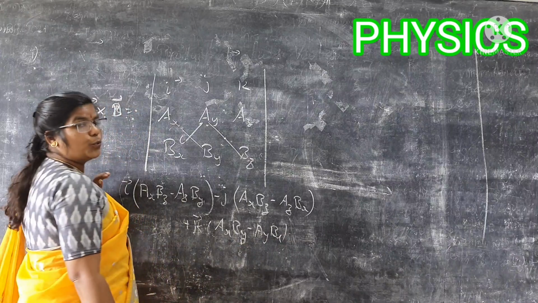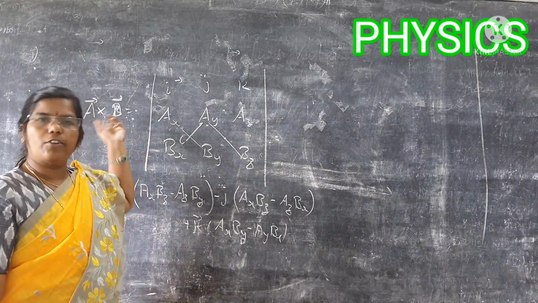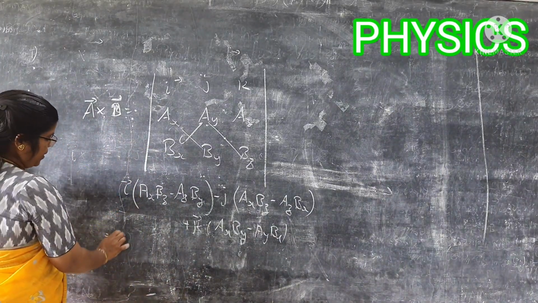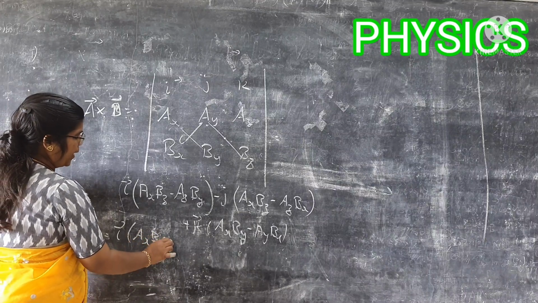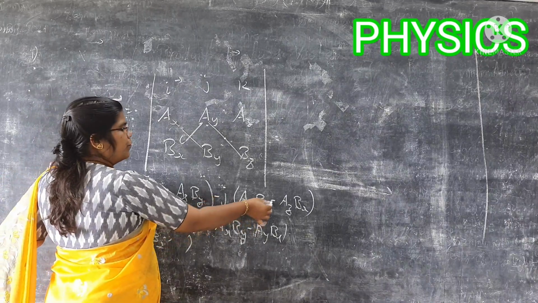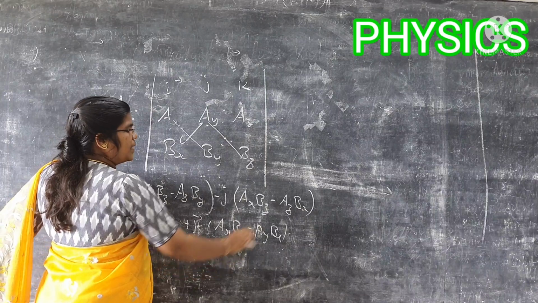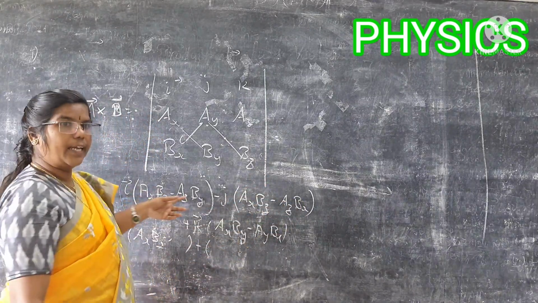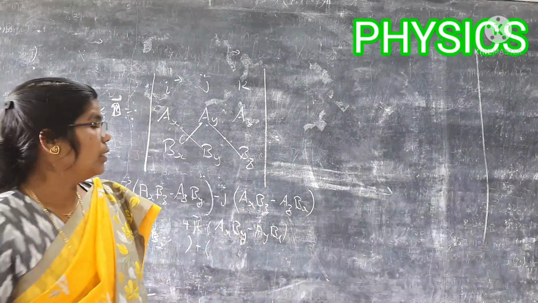This is how to write the component of A vector cross B vector. This can also be written with the J term as J vector into Az Bx minus Ax Bz, if you take the minus inside. Okay, we can also write it like that.